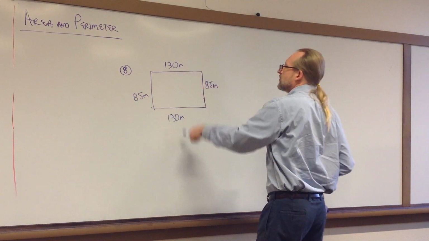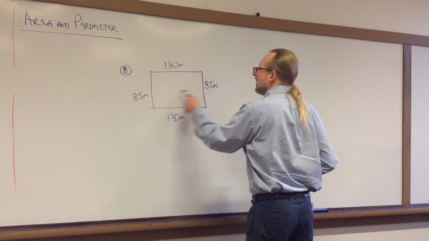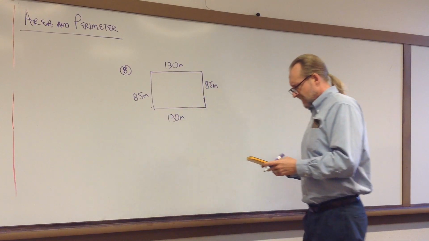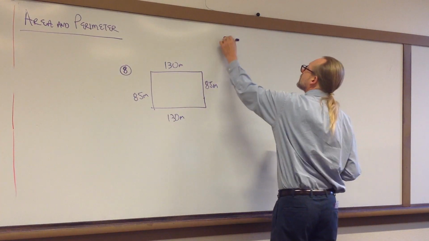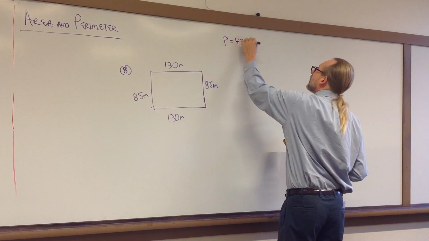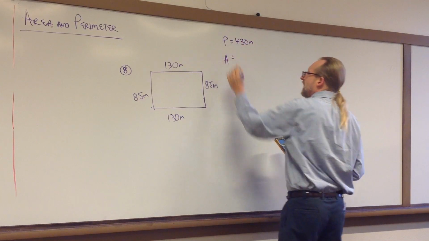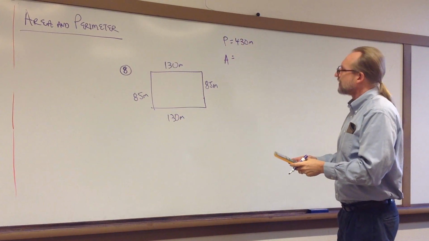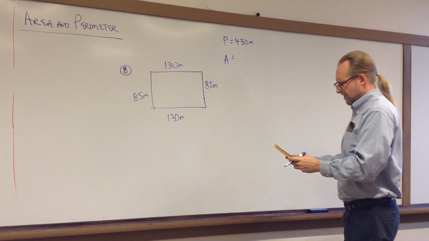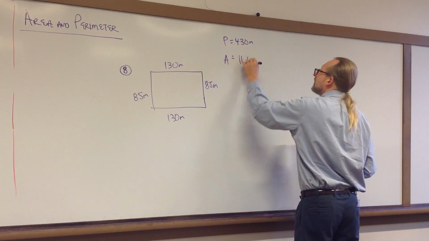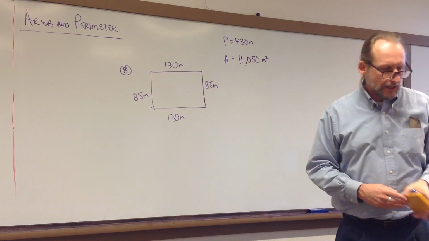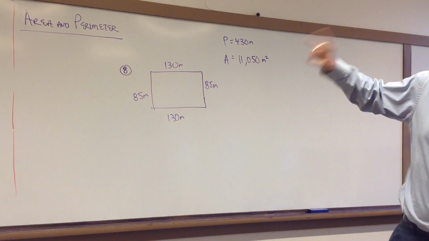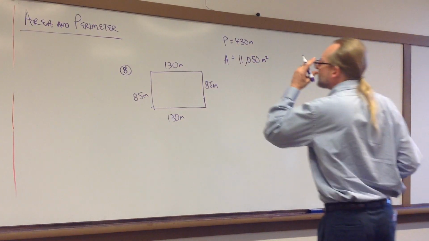It's going to be 260 and 170. What do we got there? 430. So our perimeter is 430 meters. And our area, 130 times 85, 11,050 square meters.